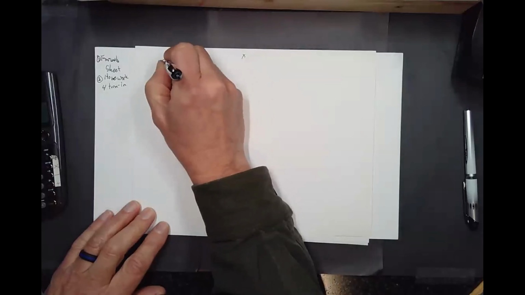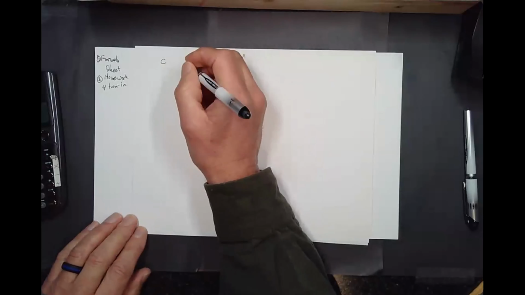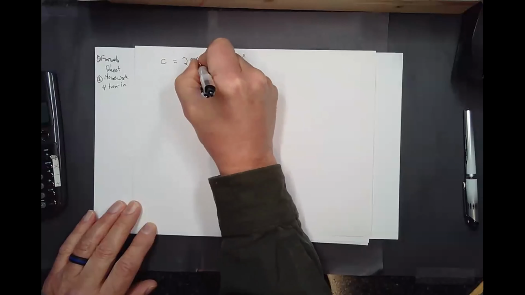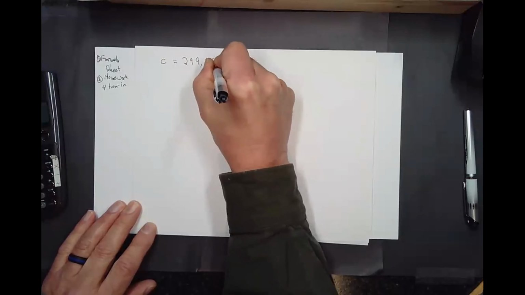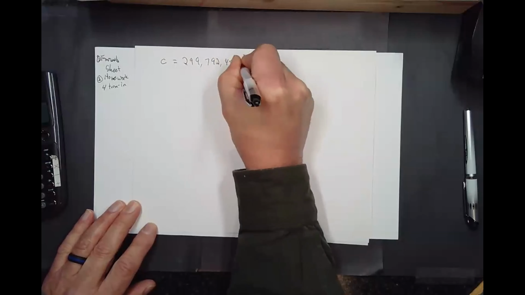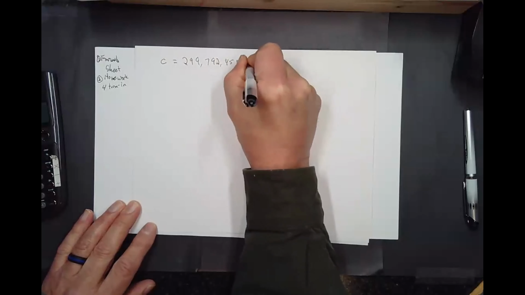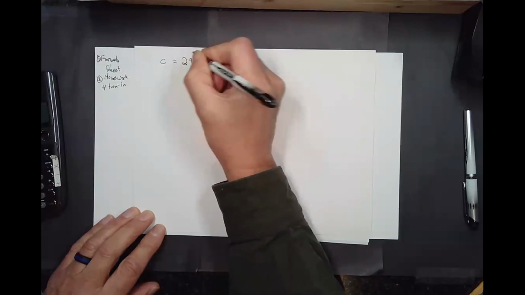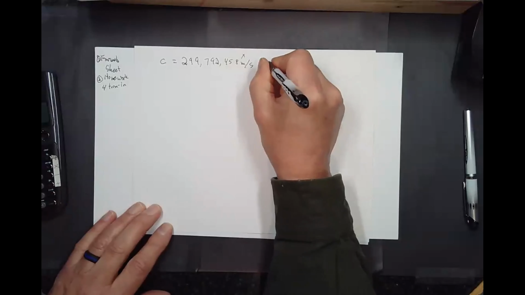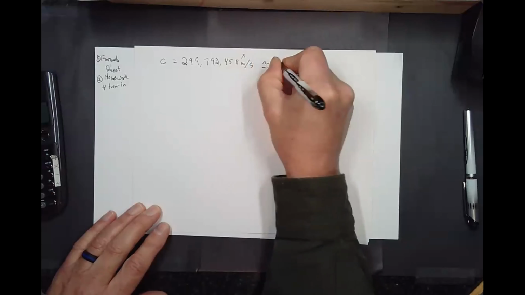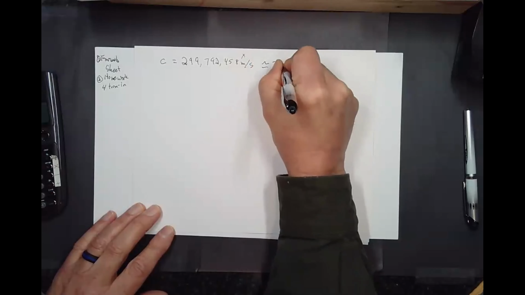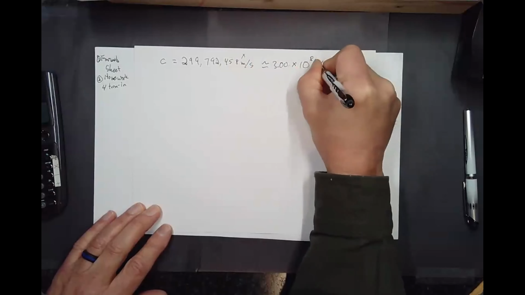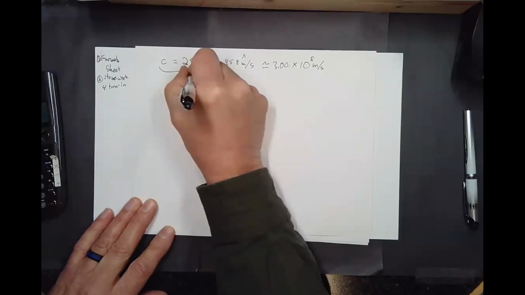We use the lowercase c to stand for the speed of light, and it is this, and that's a 2 starting there. For approximation purposes, most of the time we're just going to use 3.00 times 10 to the 8th meters per second.